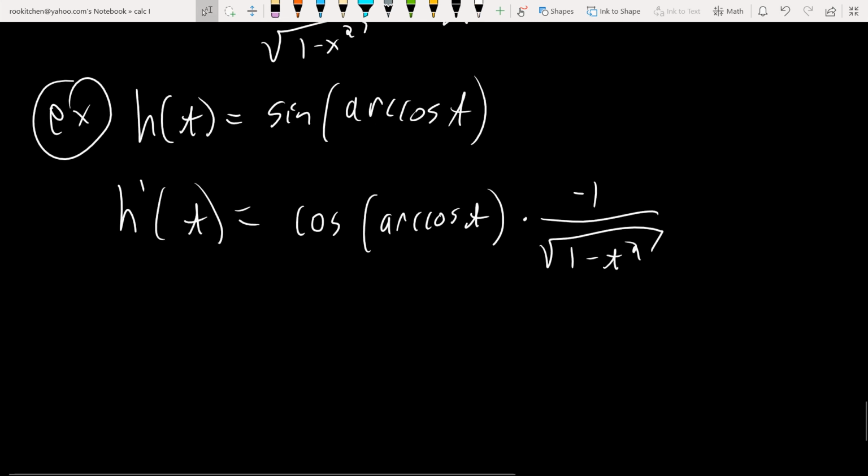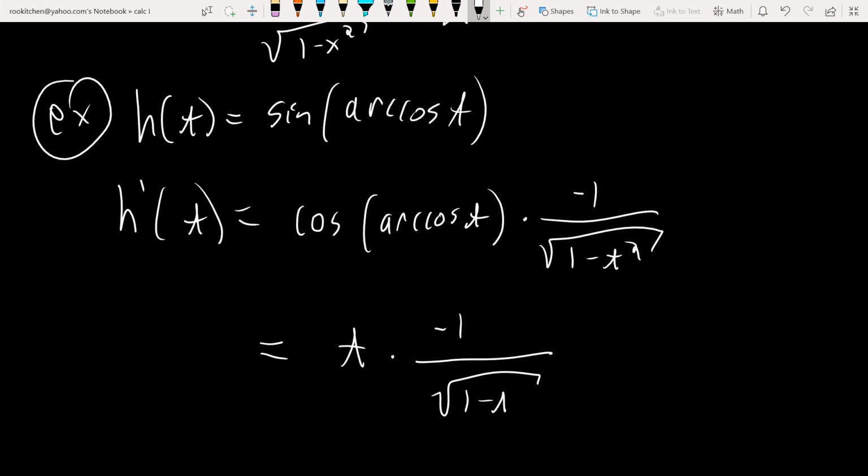Cosine of arc cosine of t is just t. Those kind of cancel each other out, right? It's the cancellation equations. f of g of x is x. So we get t times negative 1 over the square root of 1 minus t squared. I need to clean that up, so it's just negative t all over the square root of 1 minus t squared.